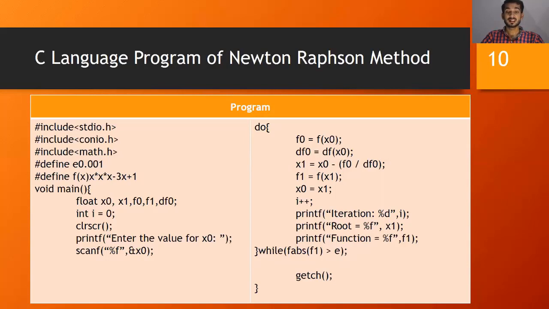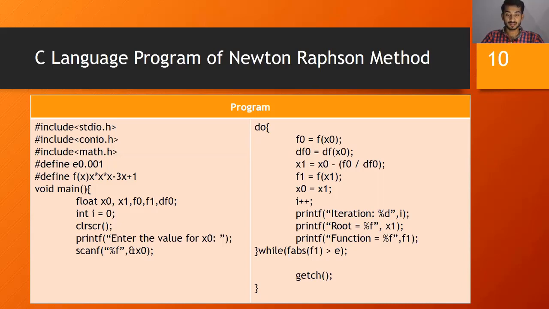Define E as 0.001. It is the least root tolerance that we want in this program. So we have defined the function, that is f of x equals x cubed minus 3x plus 1.